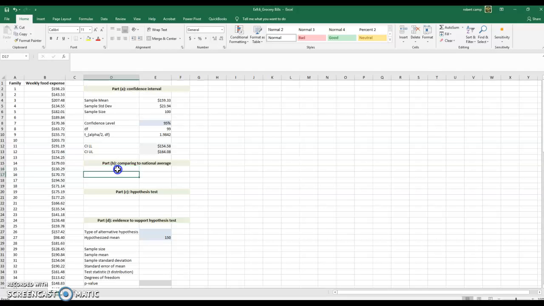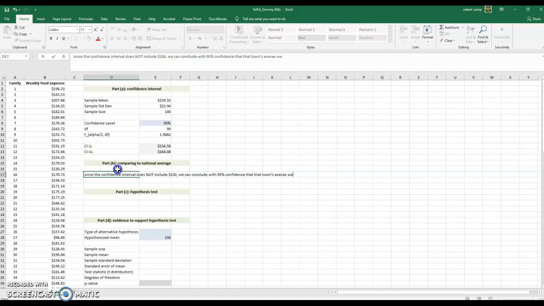That tells us that since the confidence interval does not include $150, which is the national average, we can conclude with 95% confidence that the town's average weekly grocery or food bill is significantly different from the national average.